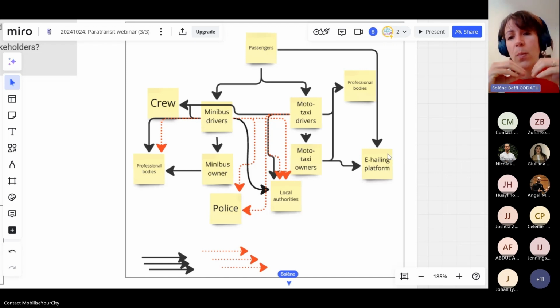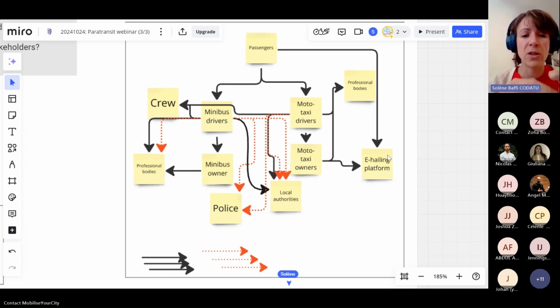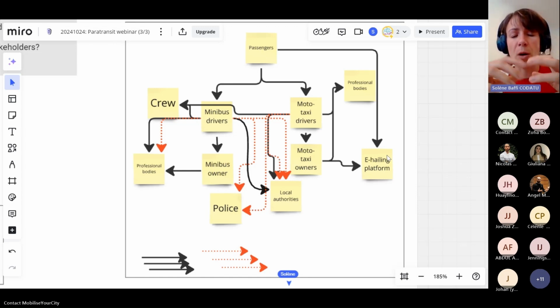The specificity of the paratransit sector, of course, is that some of these interactions can be easily identified, mostly the interactions that connect the passengers with the drivers, with the local authorities, with the form of the licenses. But there are many hidden relationships as well, that result from the very nature of the sector, but need to be carefully understood and considered when trying to understand how the system works and how it can be improved.